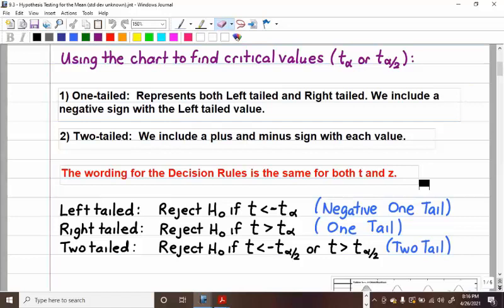It's just using the letter T instead of the letter Z. That is the only difference. The right side is always going to be a number after you find the number, but on the left, it'll be whether it's T or Z. That's the only difference. This all pretty much is the same.